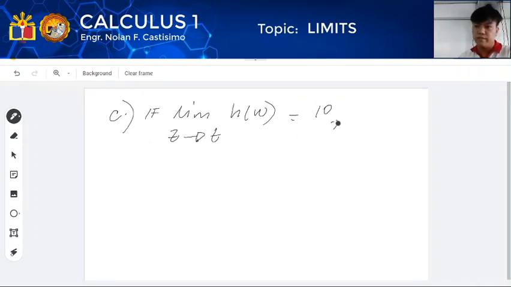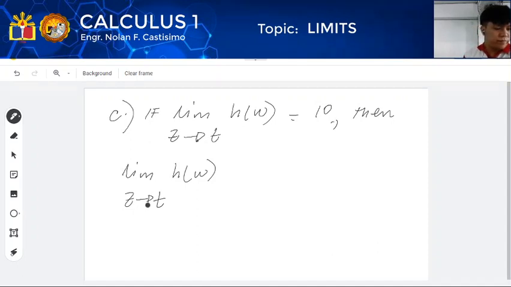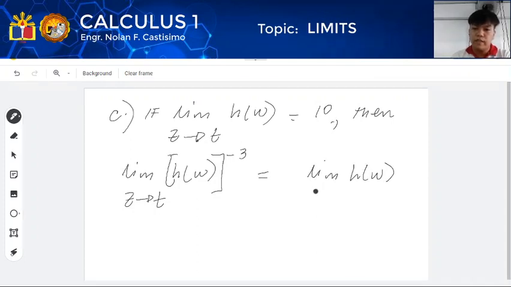So, then, the limit of h of w as z approaches t, ano exponent natin? Raised to negative 3. So, paano natin yan i-solve? Limit of h of w as z approaches t, raised to negative 3.